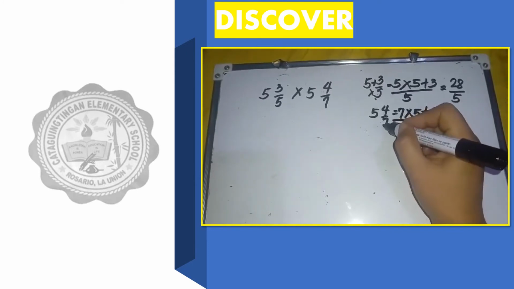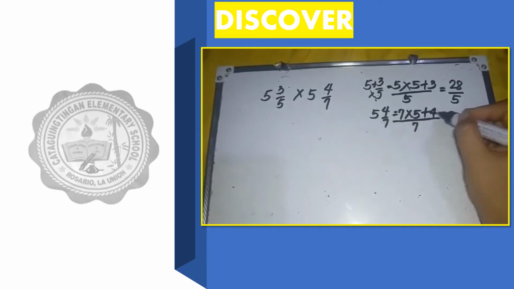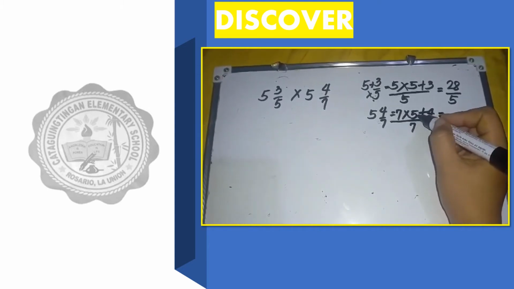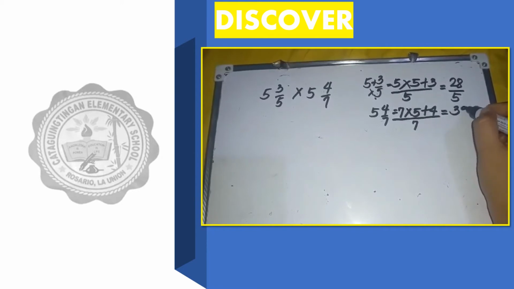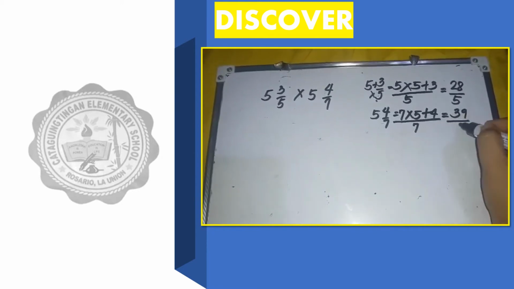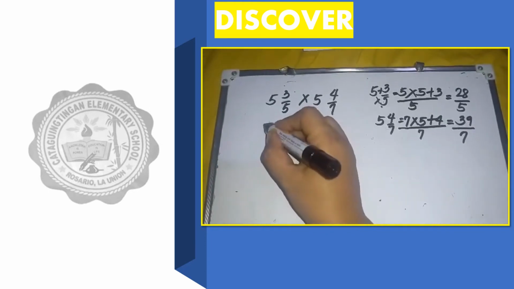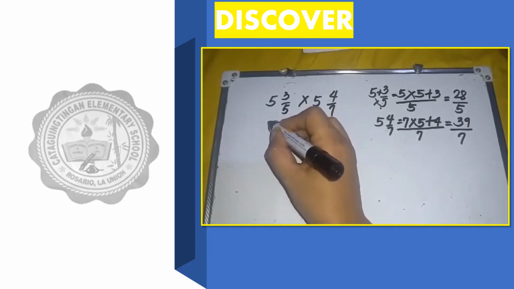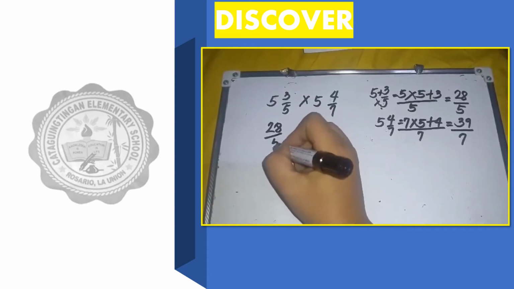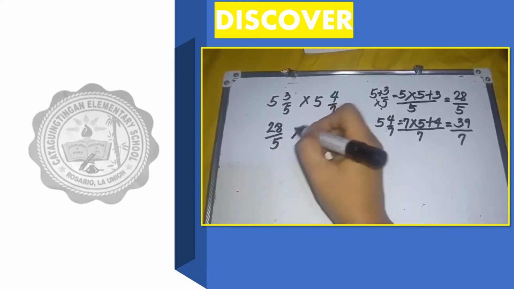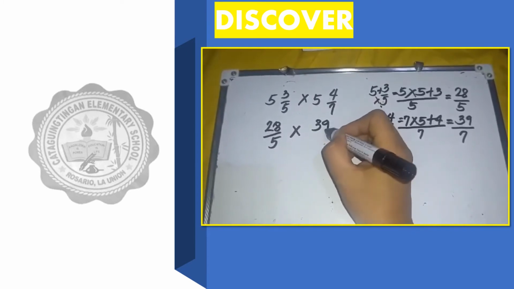Let us copy the denominator, which is 7. 7 times 5 is 35, plus 4 is 39. Then let us copy the denominator. And we will proceed. So, yung 5 and 3/5, siya yung 28/5. Then, yung 5 and 4/7 is 39/7.